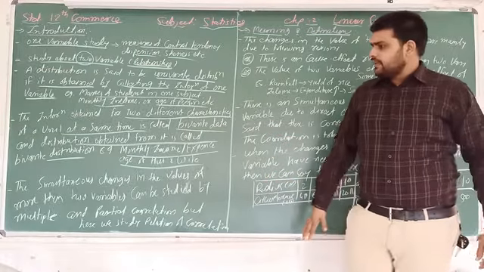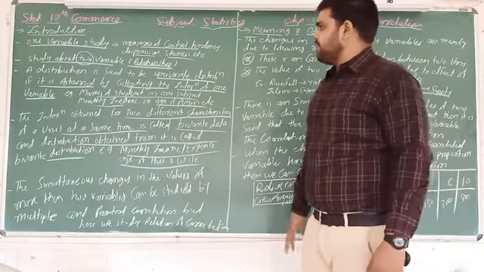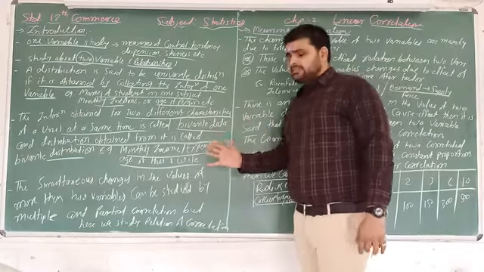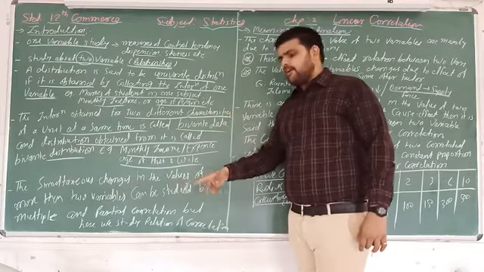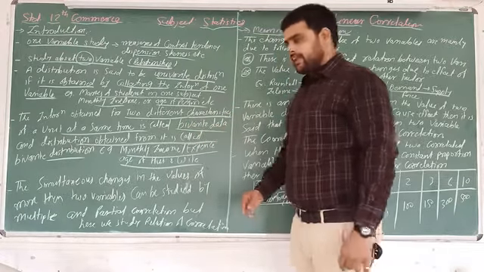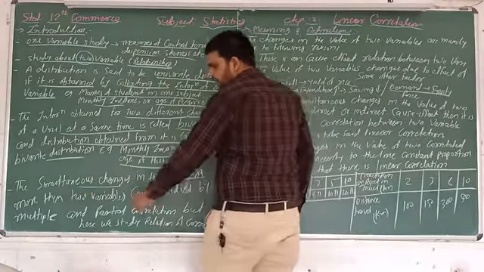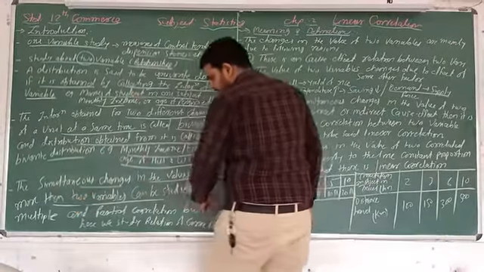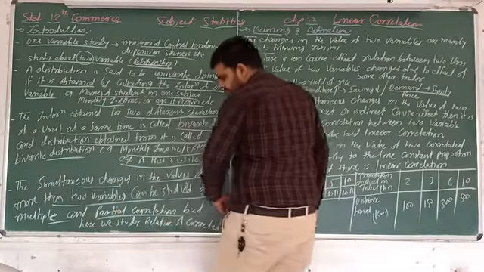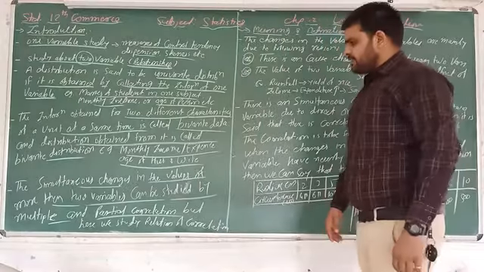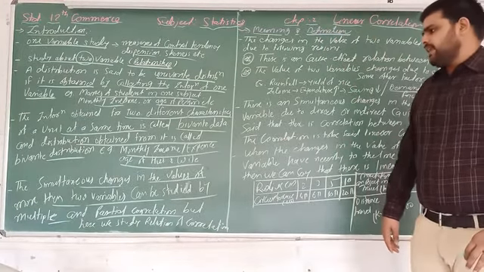So here are the simultaneous changes. What do you mean by correlation? Now we are studying the relationship between the two variables, and that is called correlation. Here, the simultaneous changes in the values of more than two variables can be studied by multiple and partial correlation, but here we are studying the relation of simple correlation.